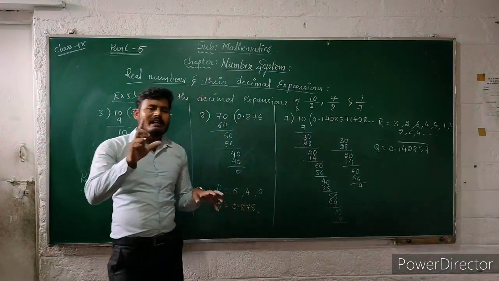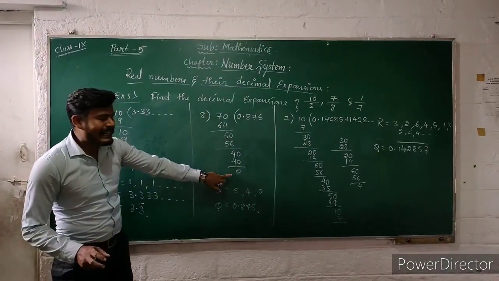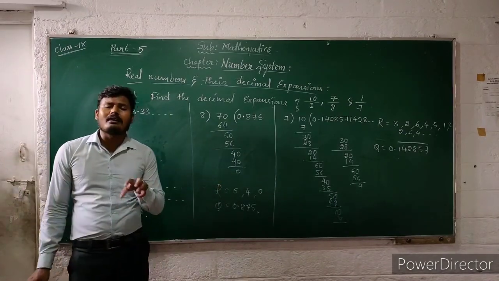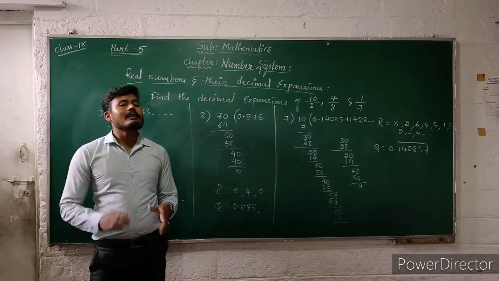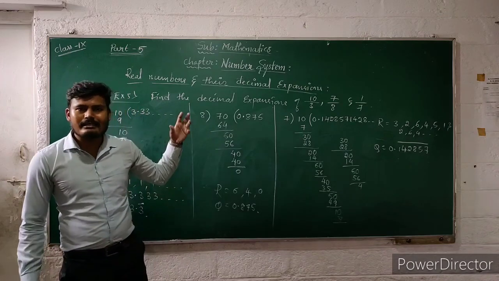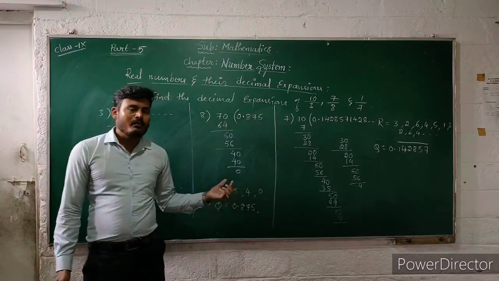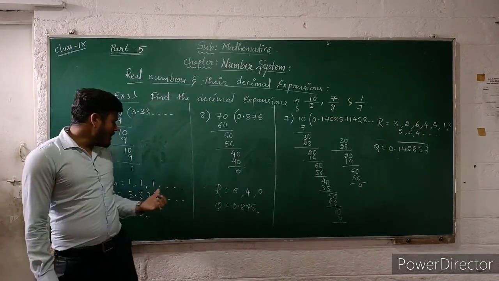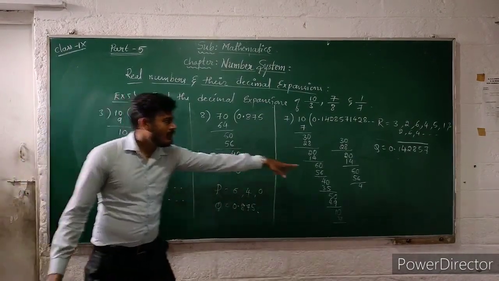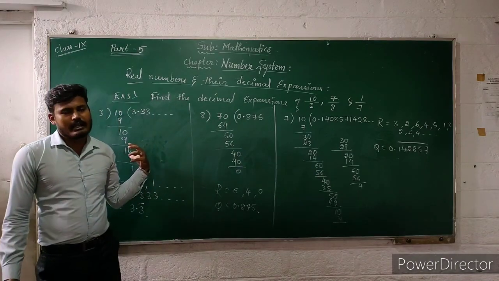When the division process ends with 0, when the remainder becomes 0 at any stage, that is case number 1. When the remainder does not become 0, these two are the examples for the second case.